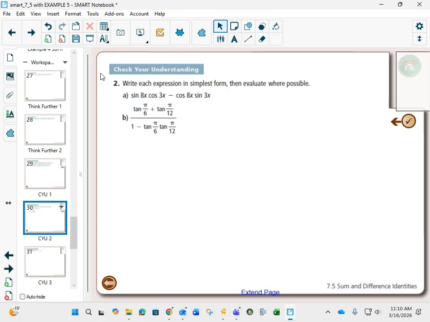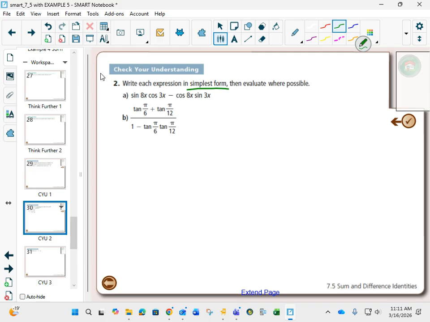So sometimes you're going to be asked a question like this. Write each expression in simplest form. And in all of those formulas, we always consider the left-hand side the simplest form, the right-hand side the expanded form. And it says evaluate where possible.